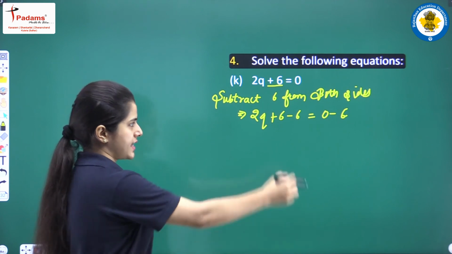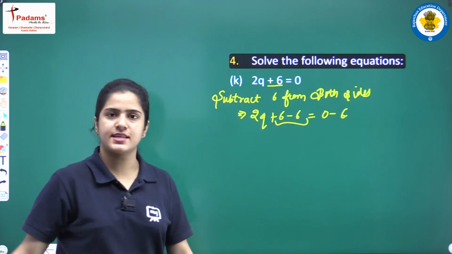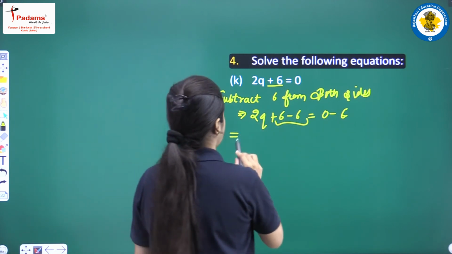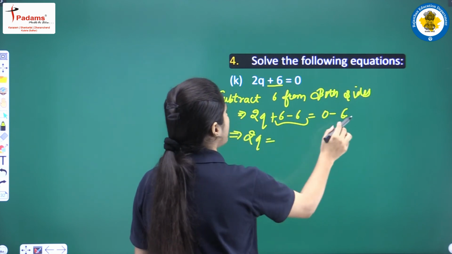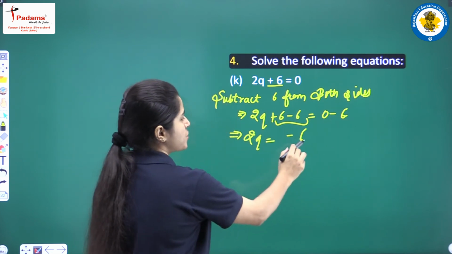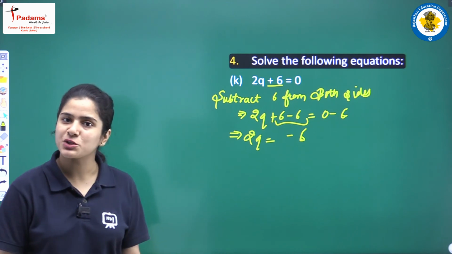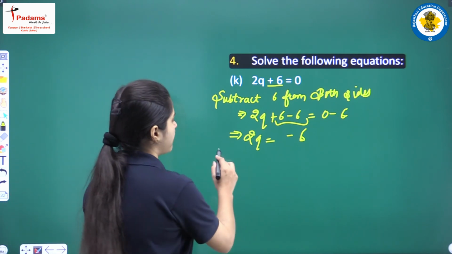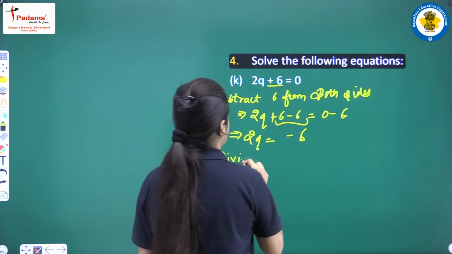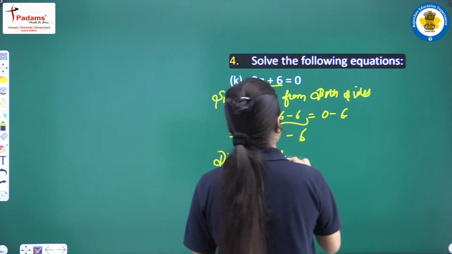Now students, this +6 and -6 is 0. So 2q = 0 - 6 = -6. Now students, 2 is in multiplication with the variable, right? So we have to divide by 2 now. Divide by 2 on both sides.